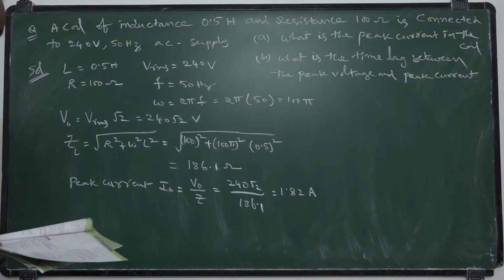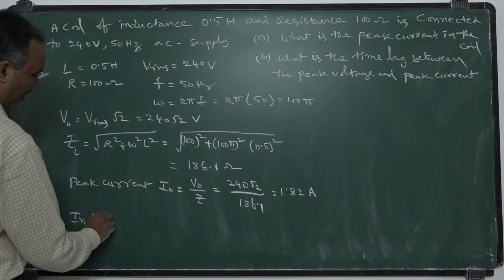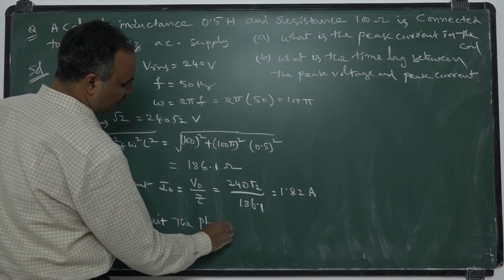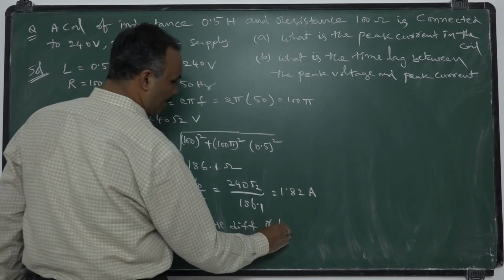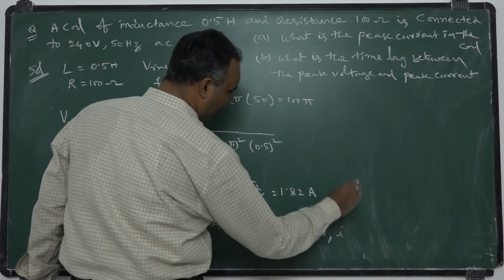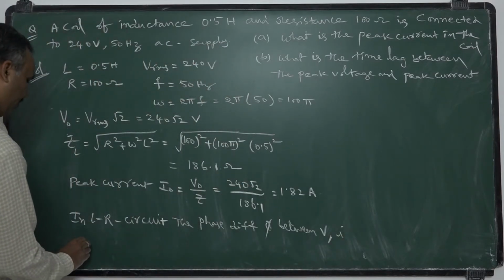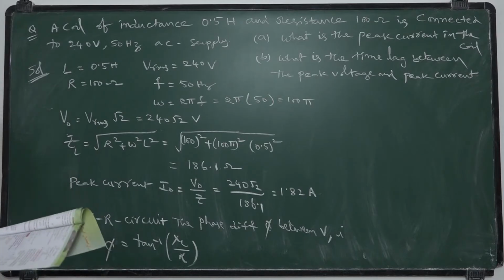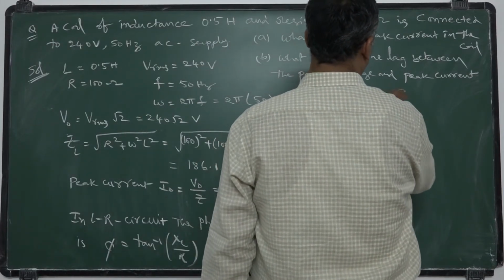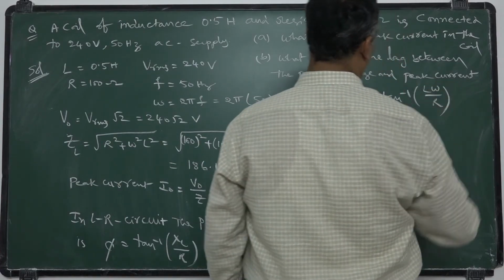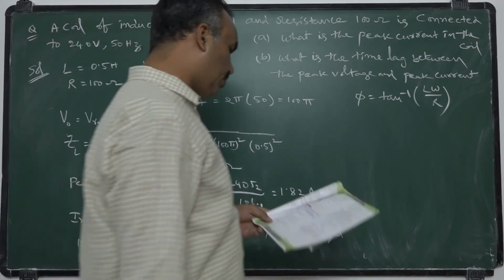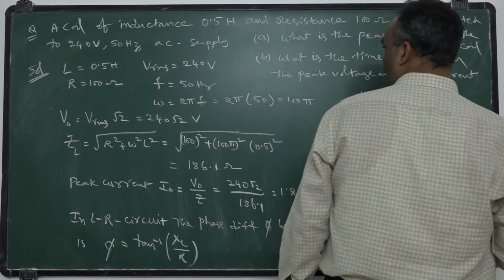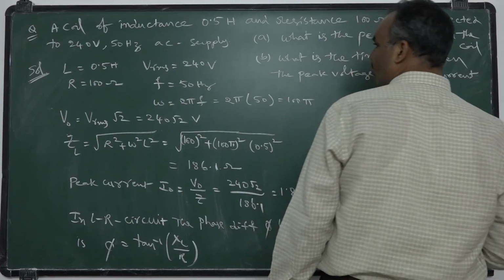So in LR circuit, the phase difference phi between voltage and current is given by phi is equal to tan inverse XL by R, that is L omega by R. If you calculate this phi value, tan phi is equal to L value 0.5, omega value 100 pi by resistance.